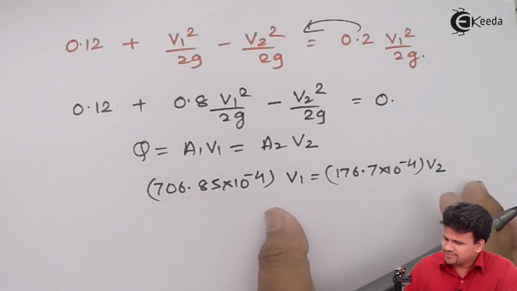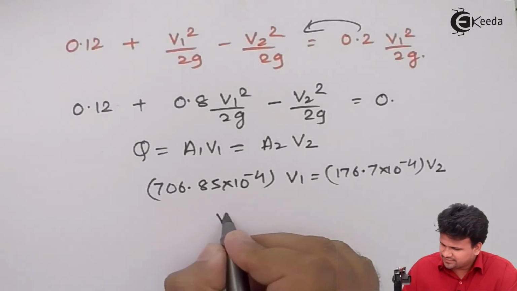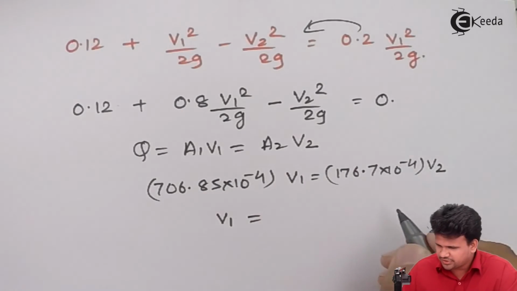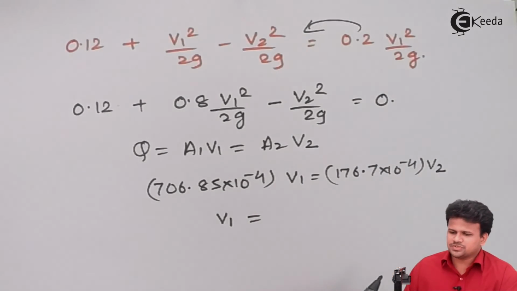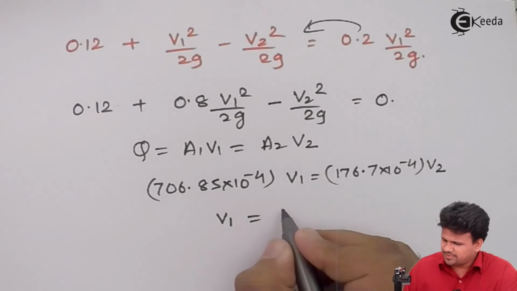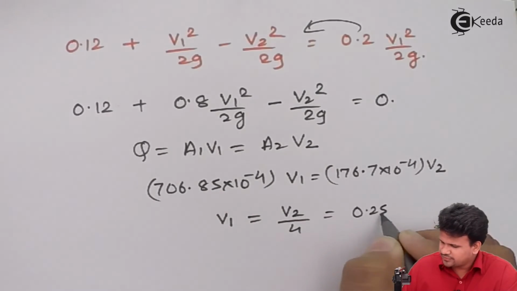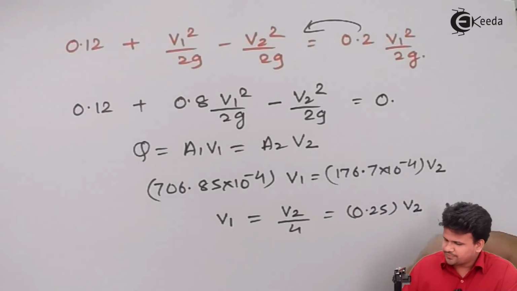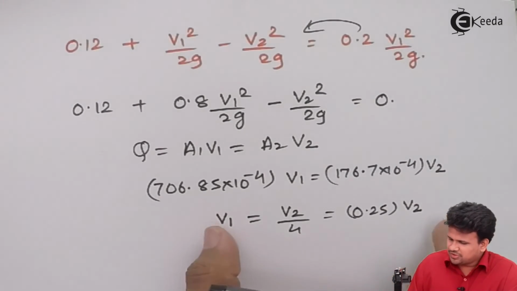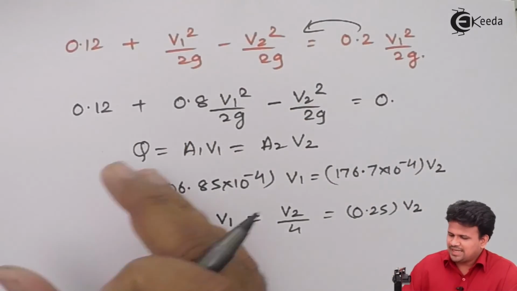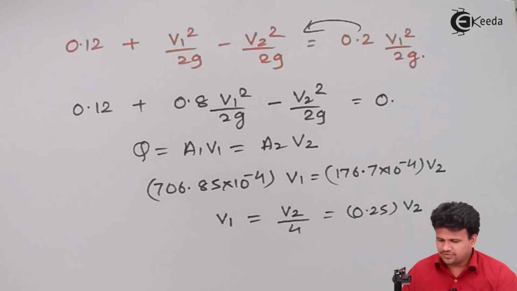On evaluating this, we get V1 in terms of V2: V1 will be equal to V2 upon 4, or 0.25 times V2. We'll substitute the value of V1 in this equation and evaluate V2.